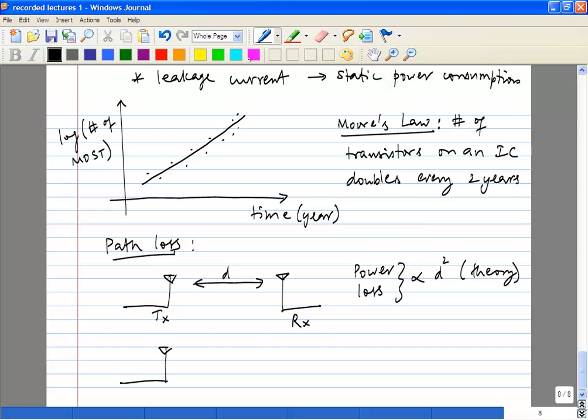Now what happens if you have a reflective surface that causes multiple paths, let's say a second path. So this is your direct transmission and this is your second transmission path, the reflective path.